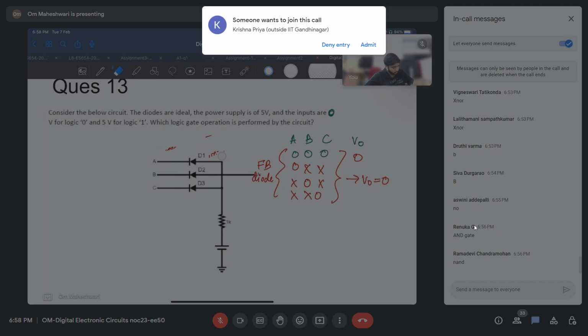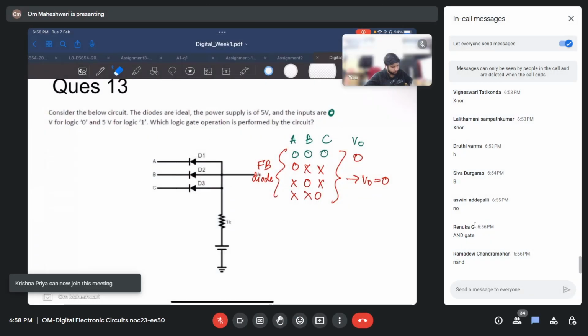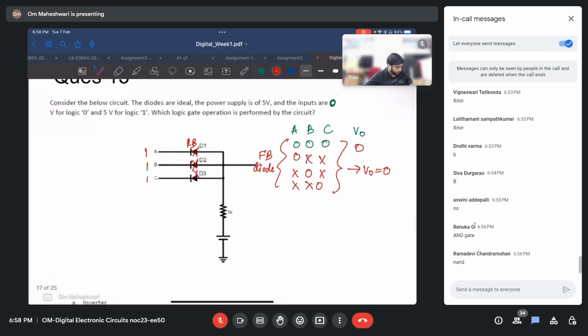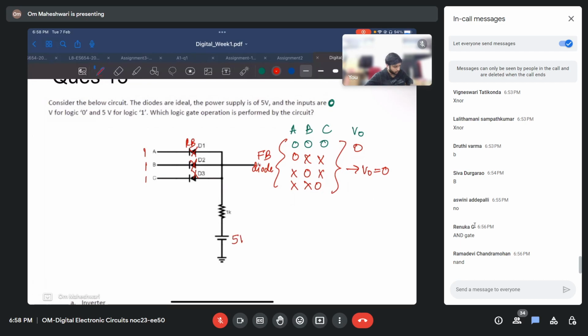But here in this case, when all are 1, all are reverse bias. So these are essentially open circuits. So let's say if this is 5 volts here, no current flows through this, and all the 5 volts is at V out. When it's 1, 1, 1, V out equals 1 or 5 volts.